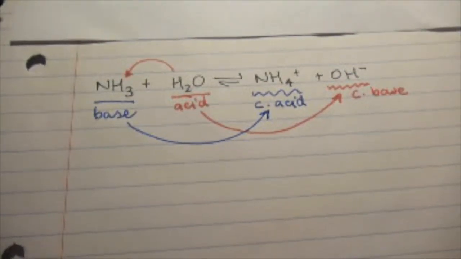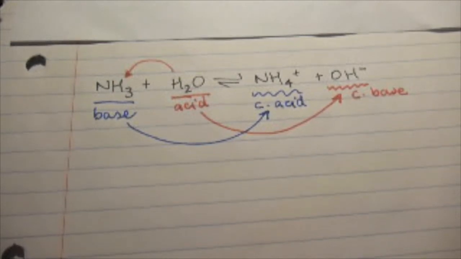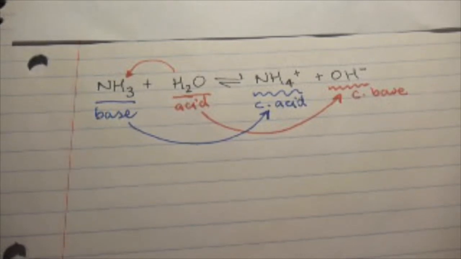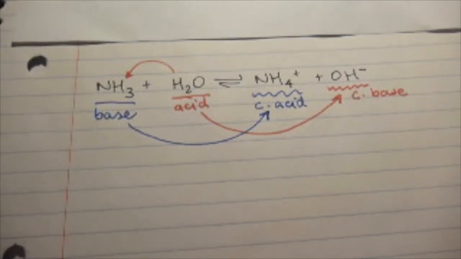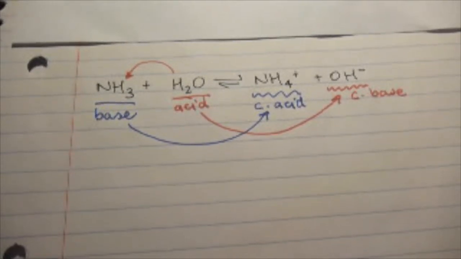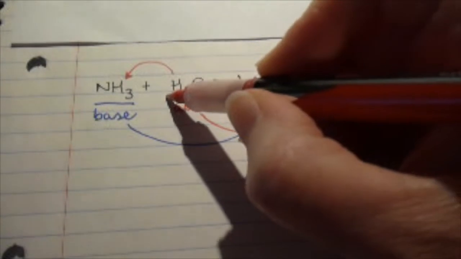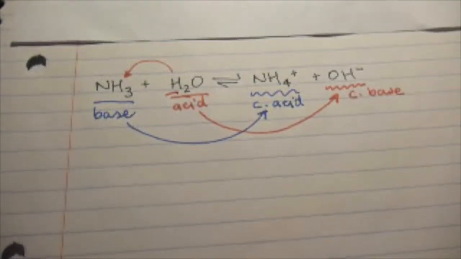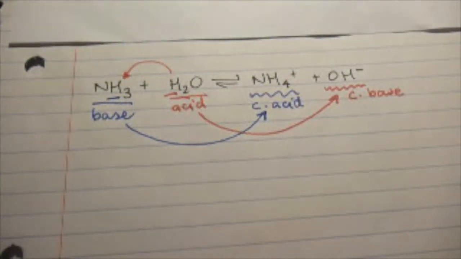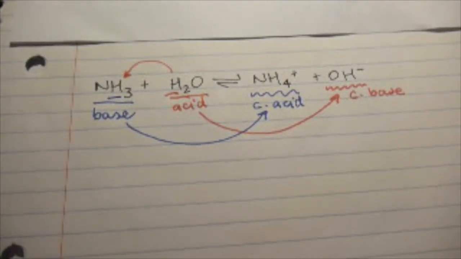So you need to decide what the conjugate acid-base pairs are. Sometimes it's easiest to do that first, and you're looking for a difference of one proton. Once you've decided what the conjugate pairs are, have a look at the reactants and decide which species is donating the proton and which species is accepting the proton to work out where your acid and base is in your reactants.